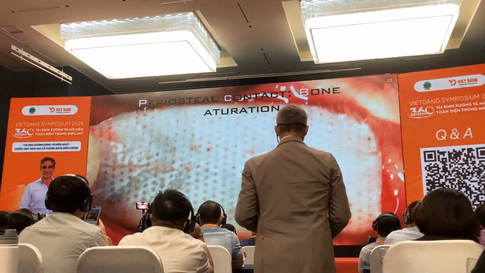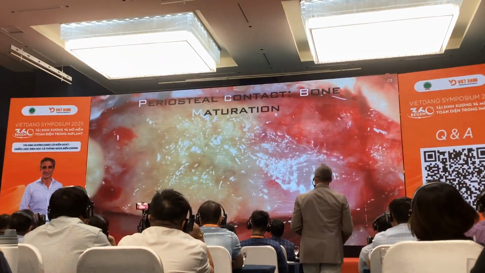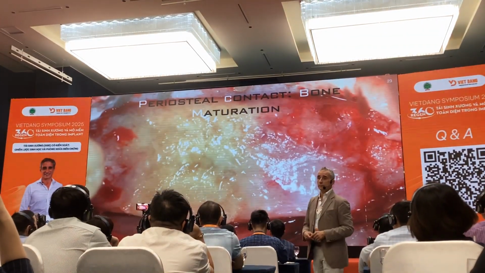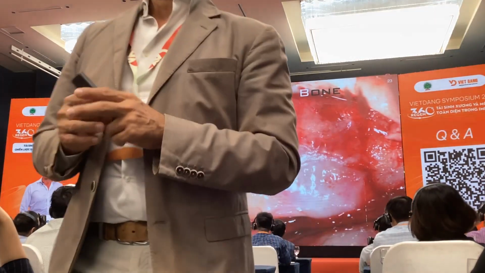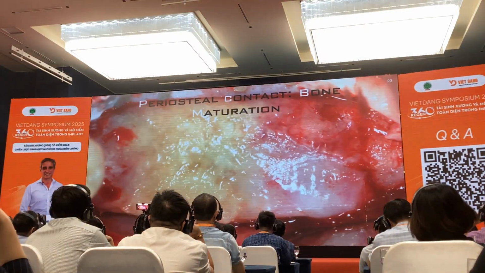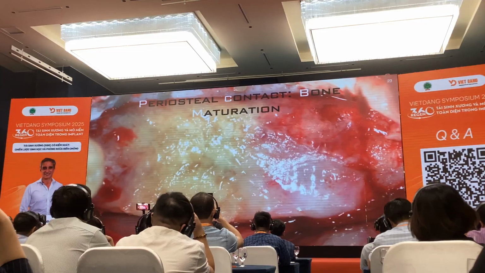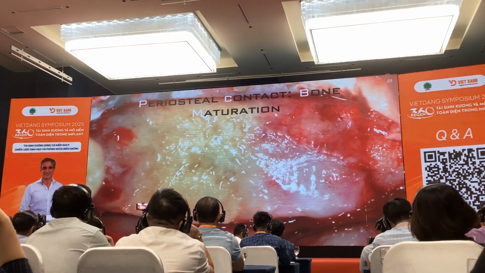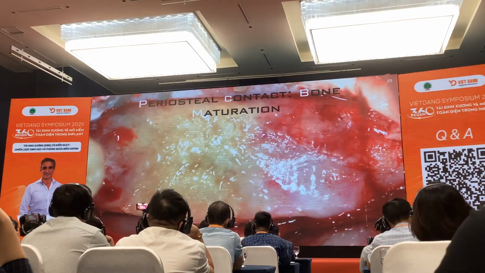I elevated a full thickness flap. This is the bone. You can see that the bone is well compacted, but in the middle, in the center, where there was a maximum defect, the quality of bone is different from the lateral side, where there was a better vascularization.